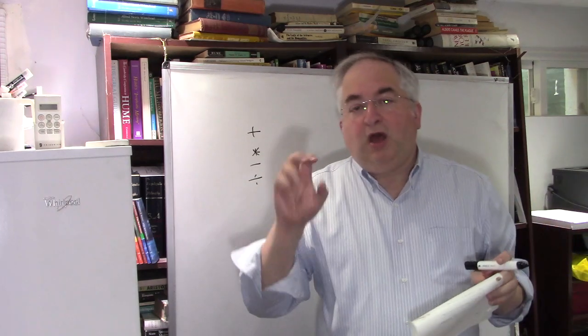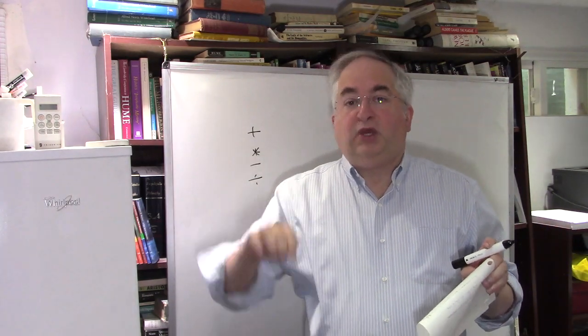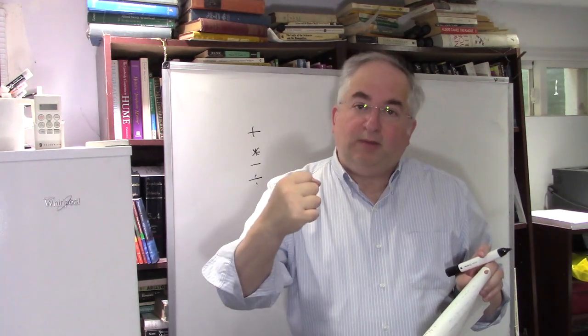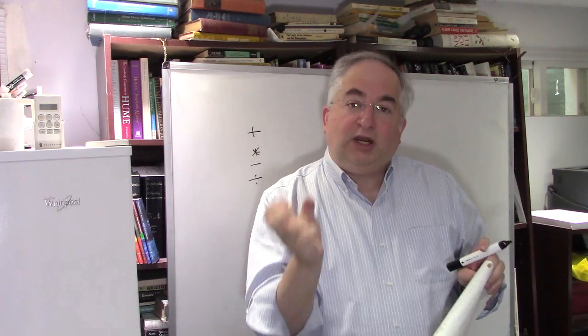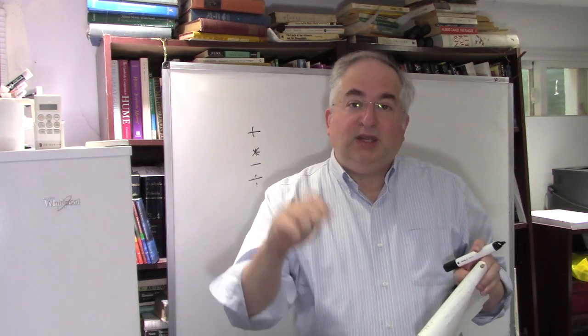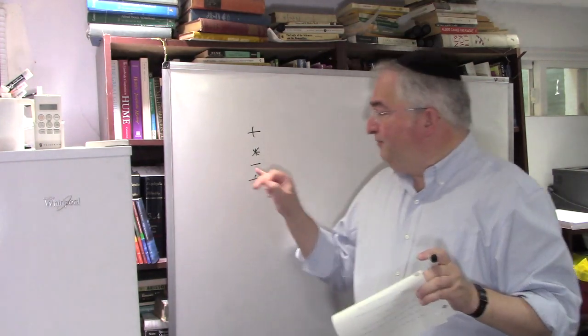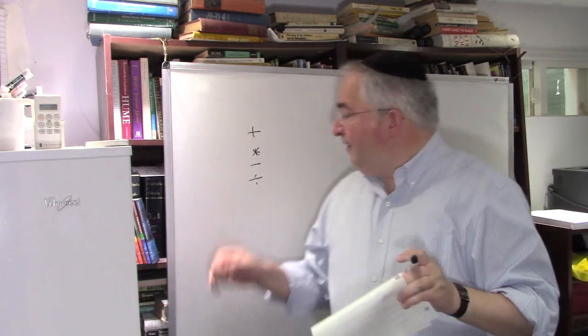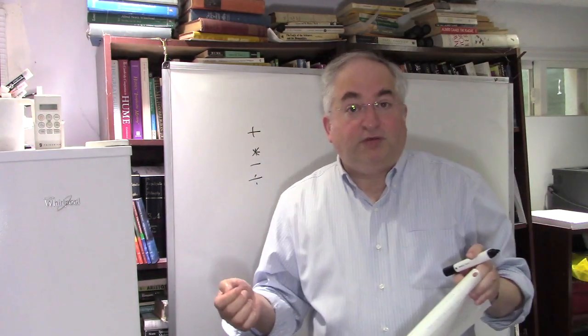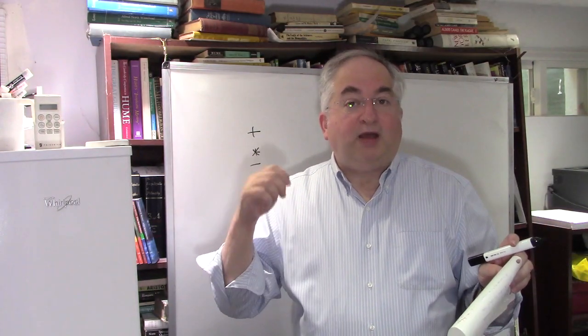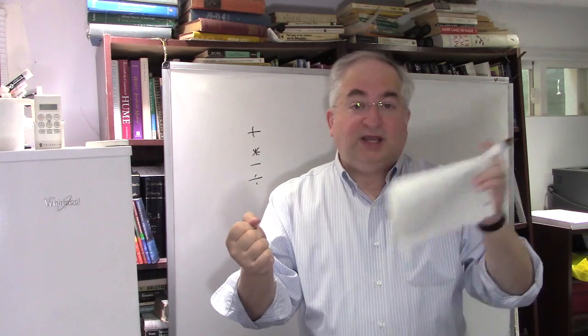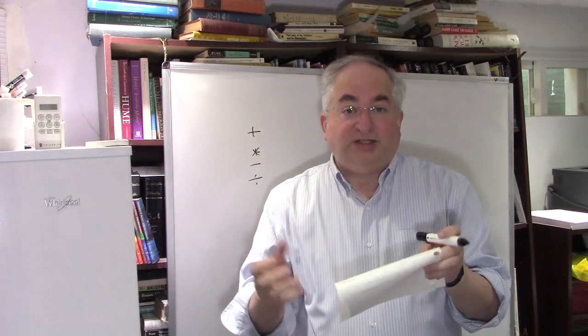All those things are operations of numbers. You take one number, you take another number, you do an operation, you get a third number. 5 plus 3 is equal to 8. 5 times 3 is equal to 15. 5 minus 3 is equal to 2. 5 divided by 3 is 5 over 3. Each one is an operation. You take one, you take another, you do the operation, you get something out.